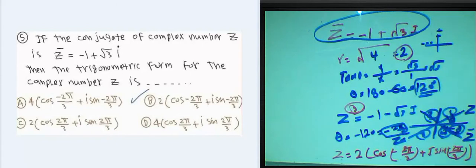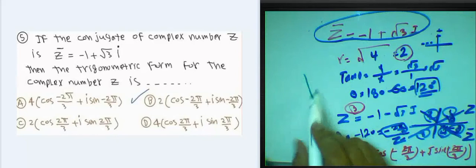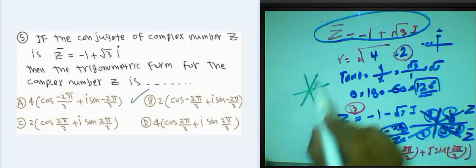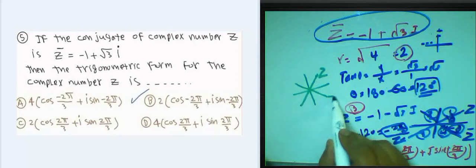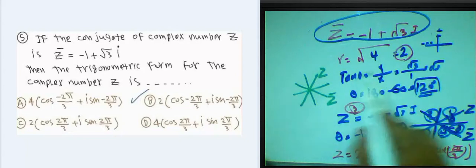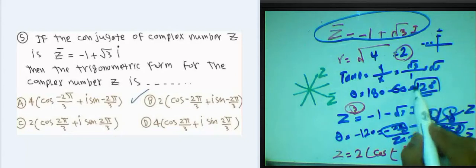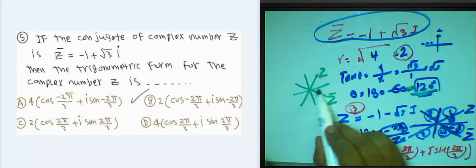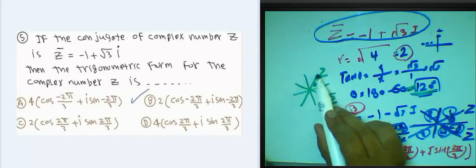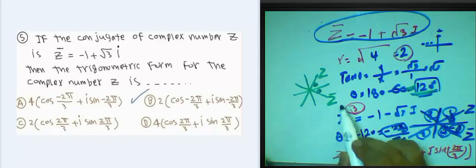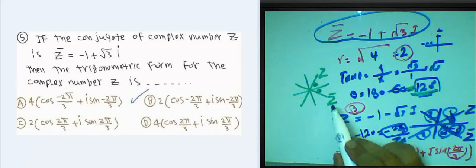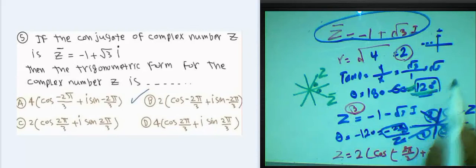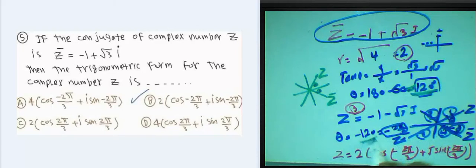Again, I will explain this point here. Look at here. If we have here z, it will be z bar. This angle of z bar equals 120. The angle of z is the inverse of it. Then the angle of z bar will be 120, and the angle of z will be negative 120.